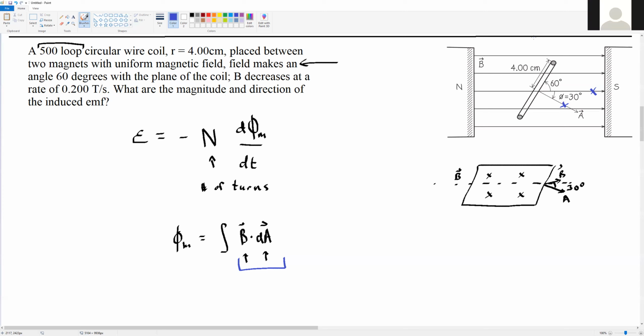If there's a decrease in magnetic field, another way of thinking about it is that there's a vector dB, or delta B, and delta B is pointing to the left. So this is what B was, and delta B is this bit right here.